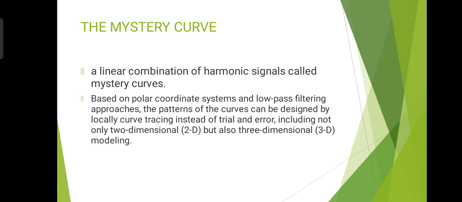First, let us understand what is meant by the mystery curve. The mystery curve is a linear combination of harmonic signals. It can be defined simply as a linear combination of harmonic signals. Harmonic signals are nothing but repeating signals, that is, periodic signals.